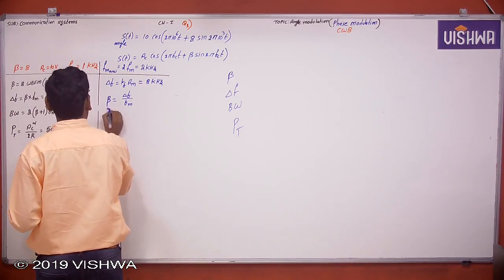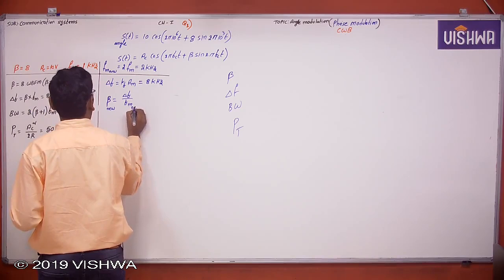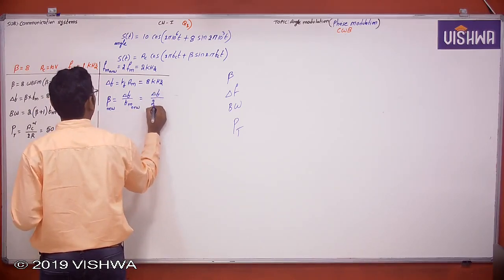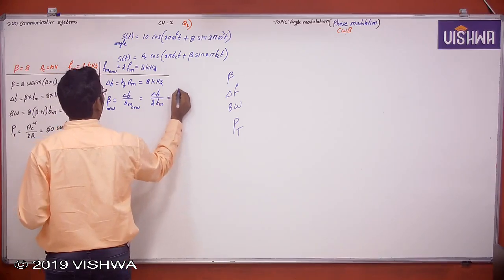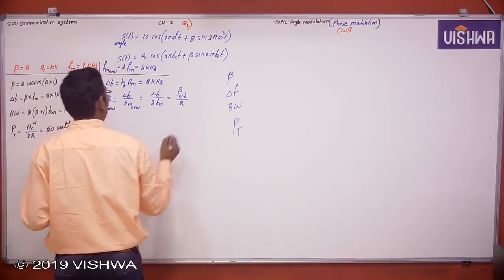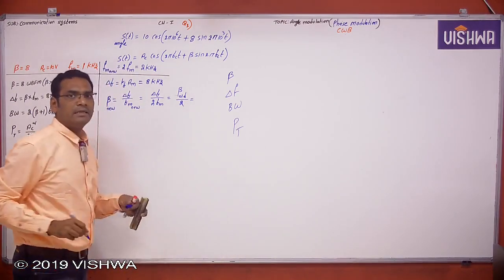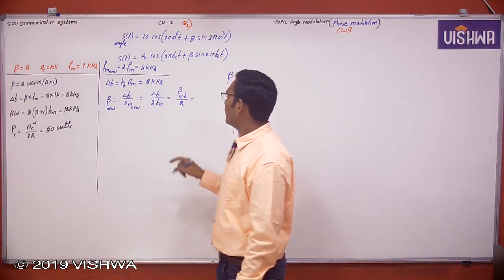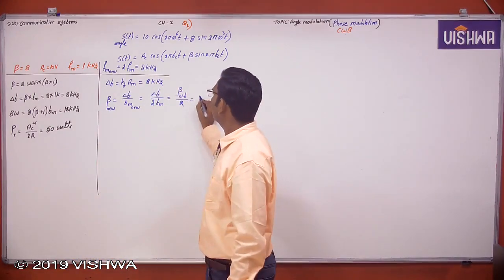So now fm is affected: delta f is 8 kilo, and fm is doubled, 2 kilo. Therefore the new beta is equal to delta f by the new fm, which is 2 fm, which equals beta old by 2, which is nothing but reduced. When the message signal frequency is doubled, the modulation index is reduced by a factor of 2. Modulation index is half.